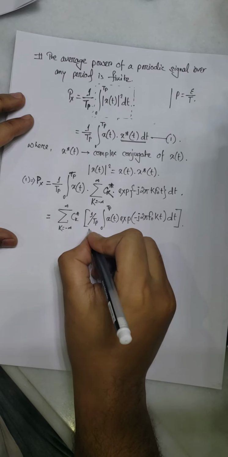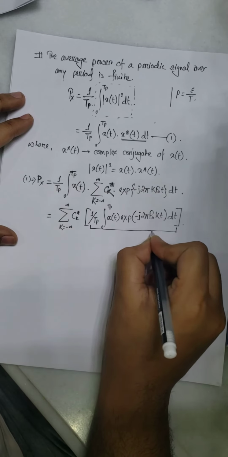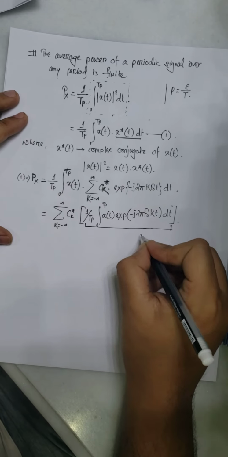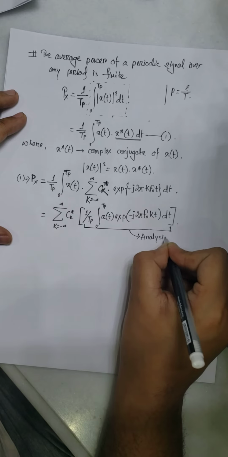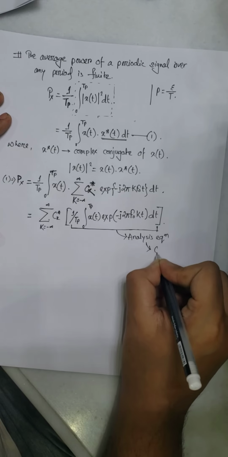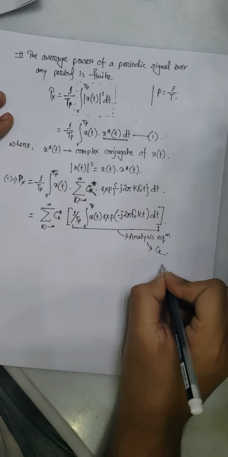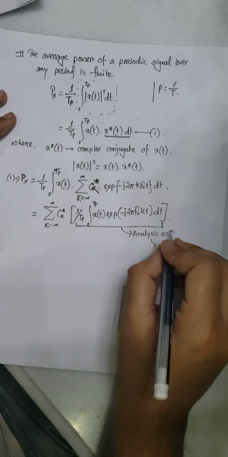Now, ladies and gentlemen, if you watch very closely, this expression is quite familiar to us, which was the analysis equation, by which I mean that this is the value of the Fourier series coefficient ck. Hope you could recall it.